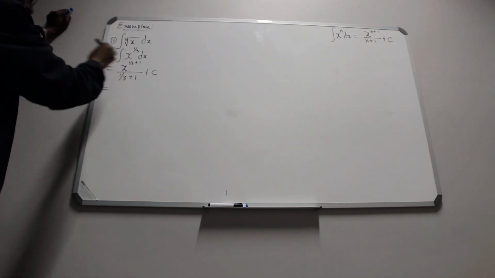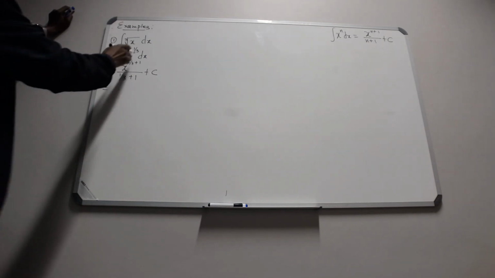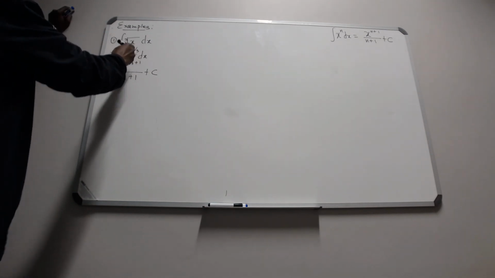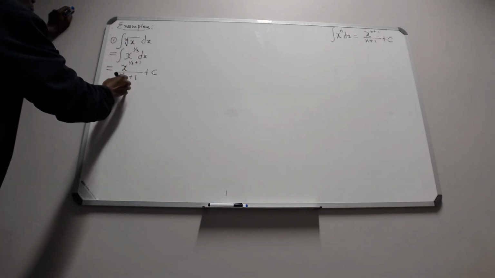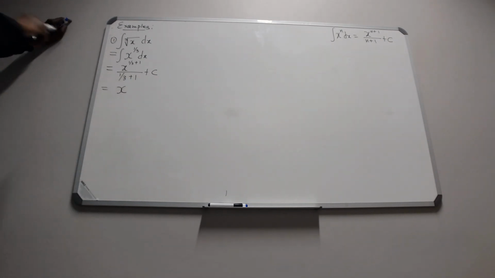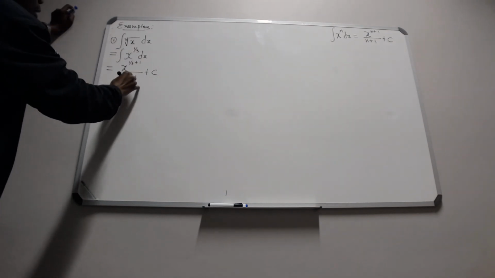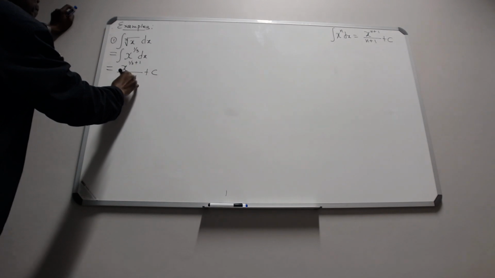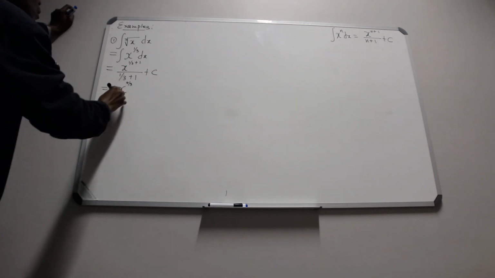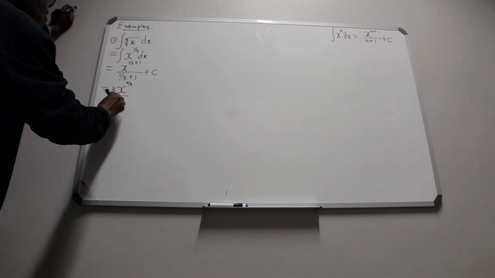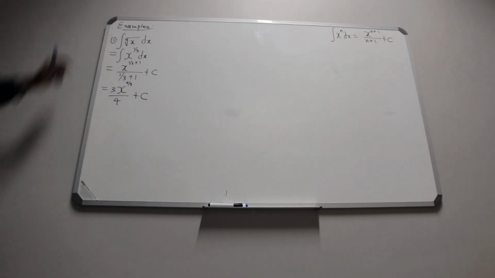And this is like x to the exponent of 4 over 3 over 4 over 3, which is 3 over 4 plus c.